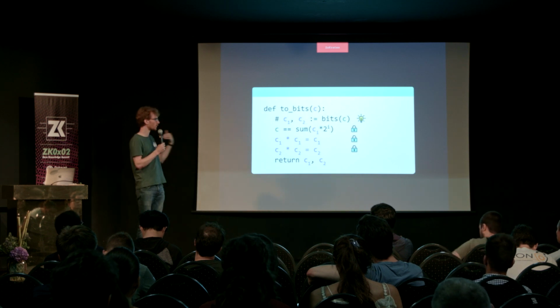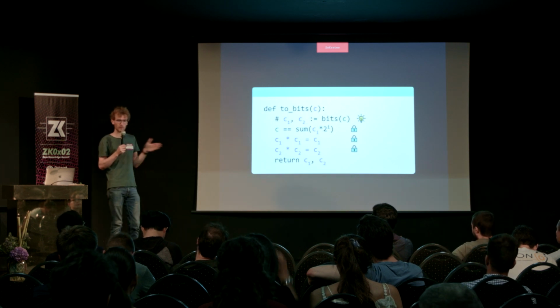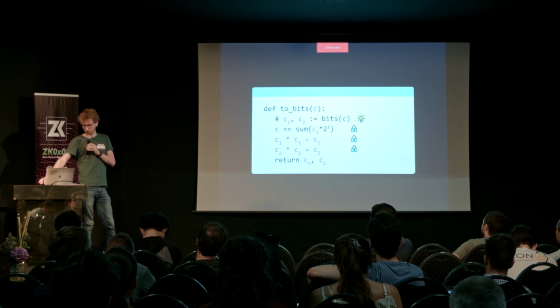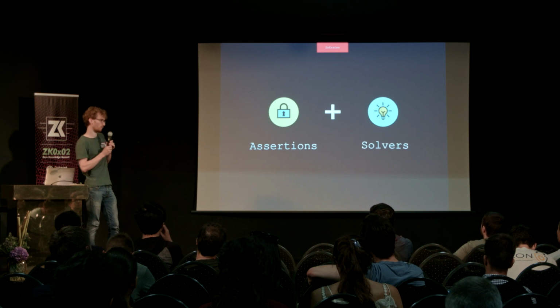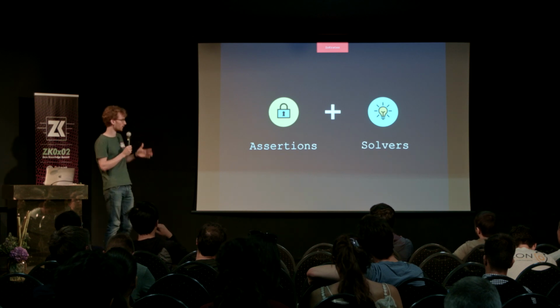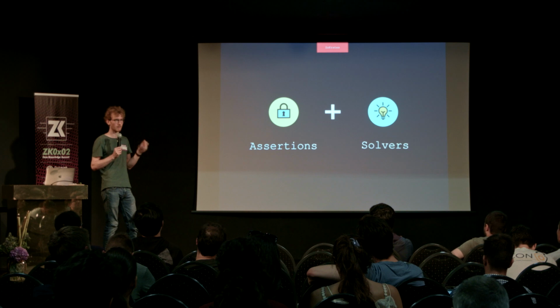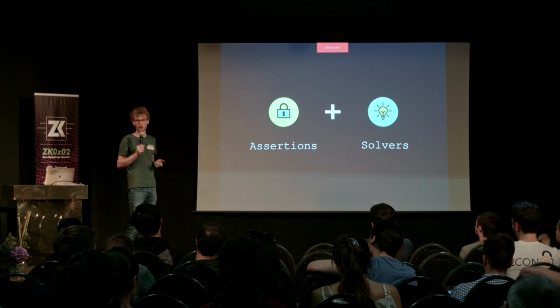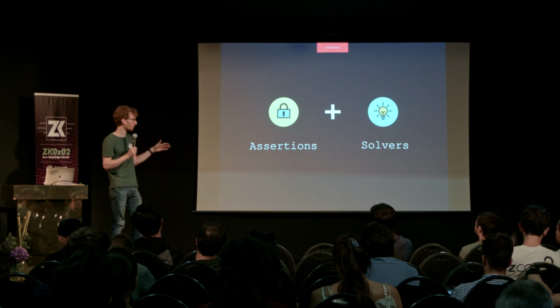And that's something that we also need to carry if we want to interoperate between different systems, right? So from that, we came up with this very simple abstraction where you have basically just two things in circuits. One thing is assertions, and assertions, you can think of them as being the exact same thing as R1CS.